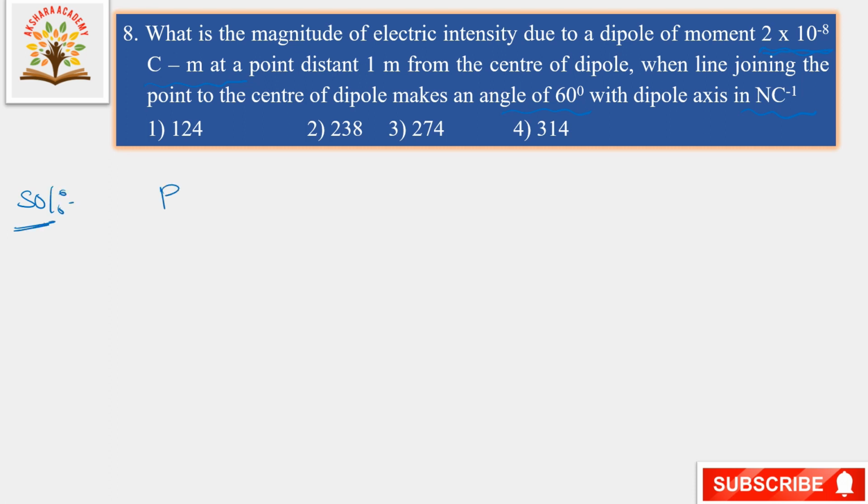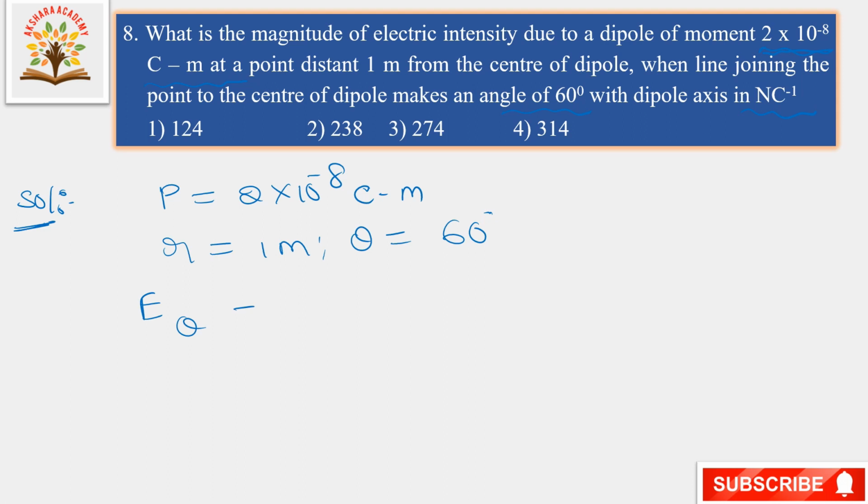Given P is equal to 2 into 10 to the power of minus 8 coulomb meter, and r they have given as 1 meter and the angle as 60 degrees. So theta is equal to 60 degrees.